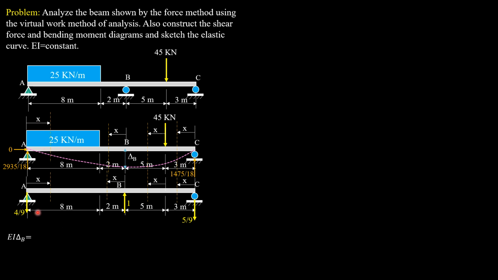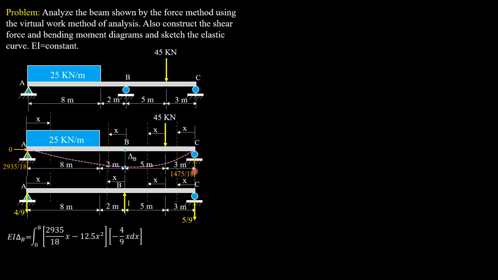For the small m, the moment is negative 4 over 9 x, then dx. So 0 to 8, 2935 over 18 x minus 12.5 x squared times quantity negative 4 over 9 x dx.